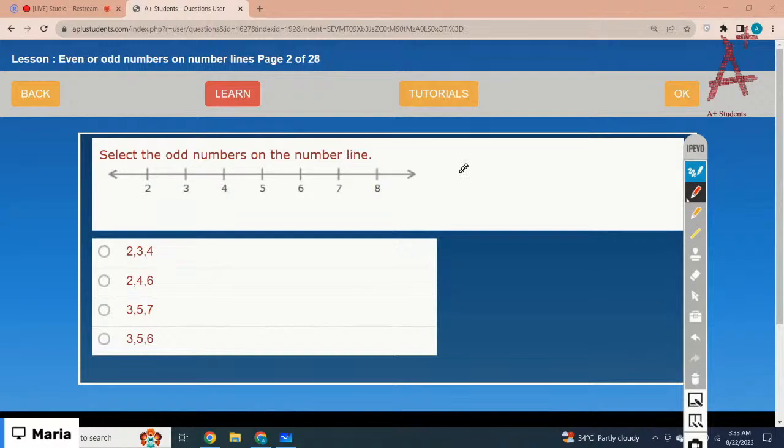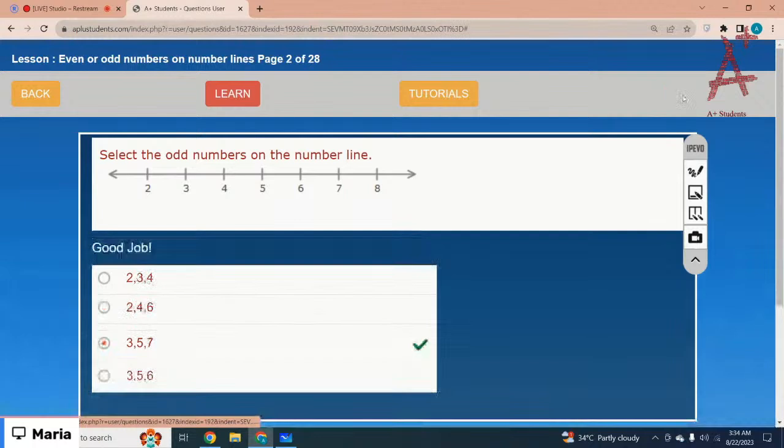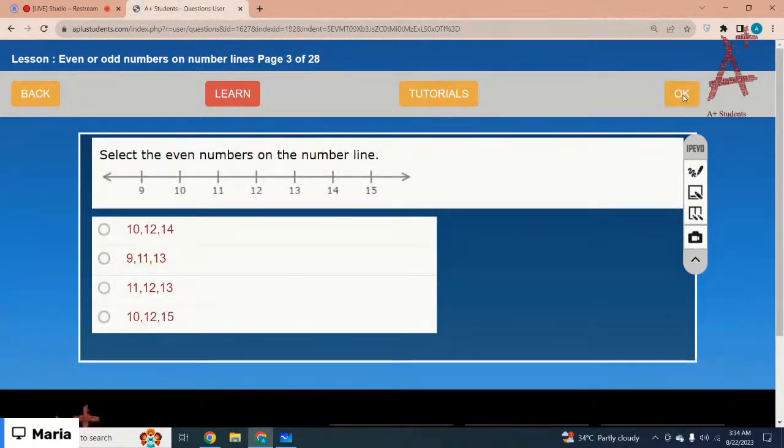Select the odd numbers on the number line. They are 3, 5, and 7. 3, 5, and 7 are the odd numbers on the number line, right? The correct option is option number 3. Select the even numbers on the number line.